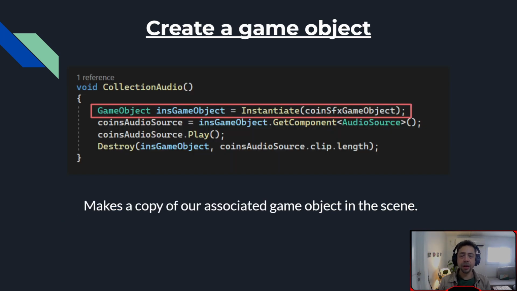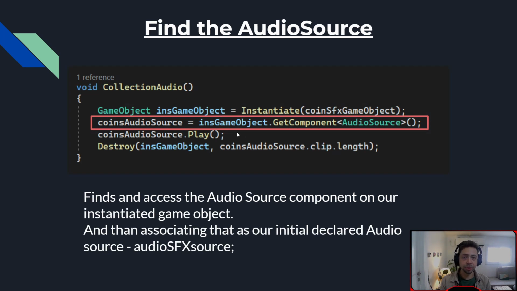So the first thing we did after we called the collection audio, we made a prefab of the coinSFX that we later instantiated and declared that this game object is going to be equal to the game object we're declaring inside our collection audio. After doing so, we called our audio source that we declared in the beginning of our script, and we said you're going to be equal to the audio source that lives inside this game object, which is the instantiated coinSFX game object.